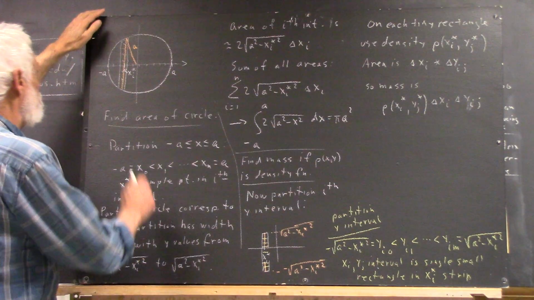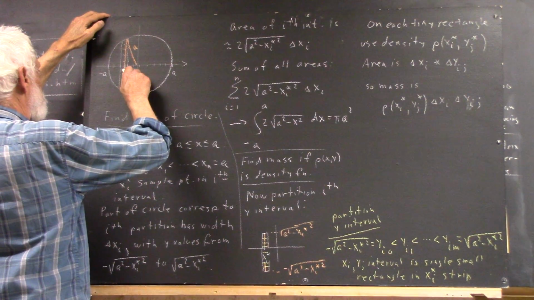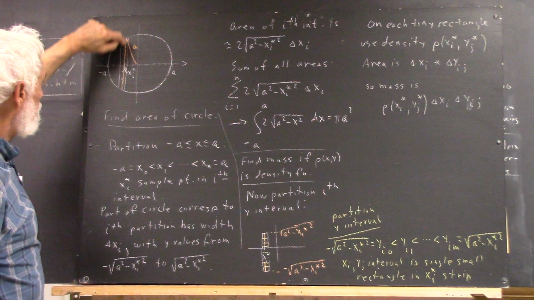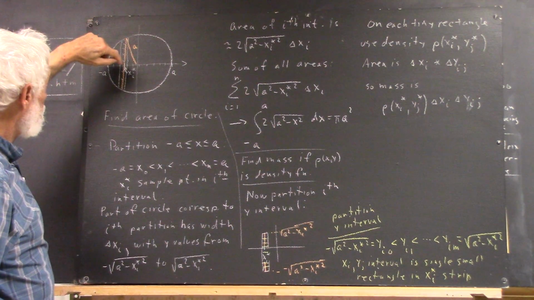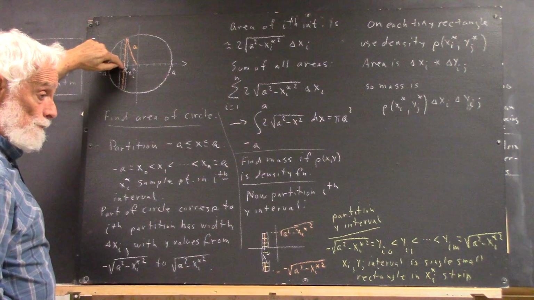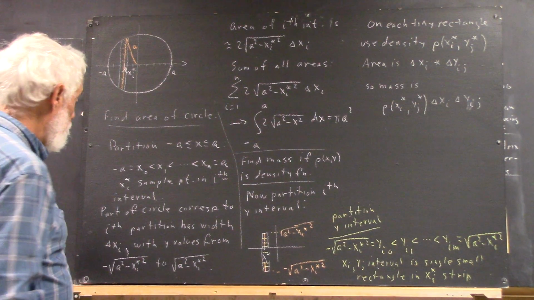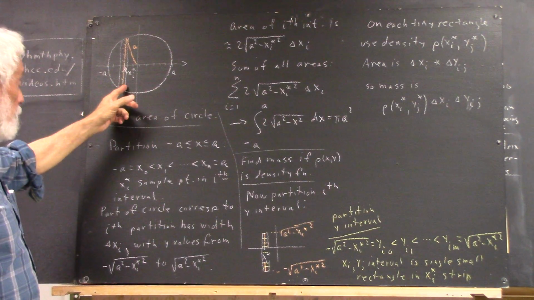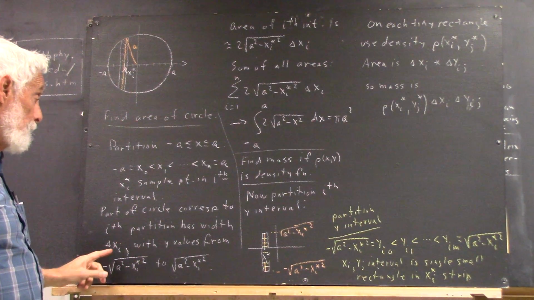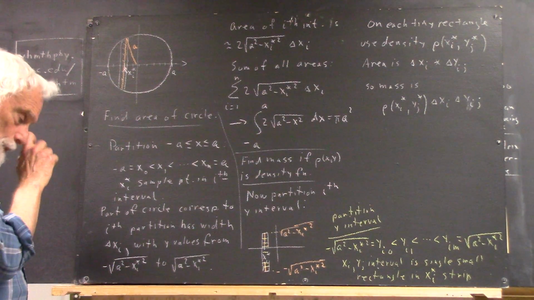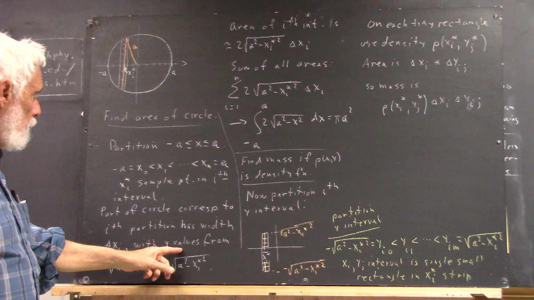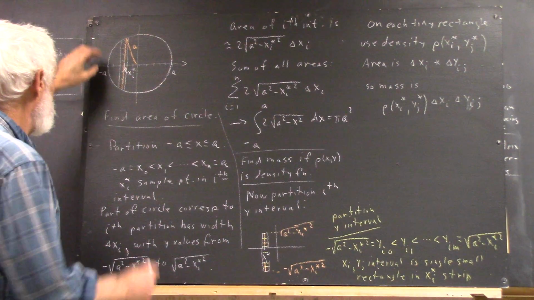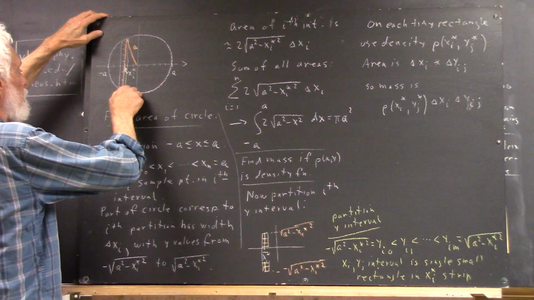Now there's an arrow here, but this is the coordinate, and this orange line then goes through that coordinate. Now, the width of this region is delta x sub i, and we're going to say that the y values go from here to here, from this point on the circle to this point.